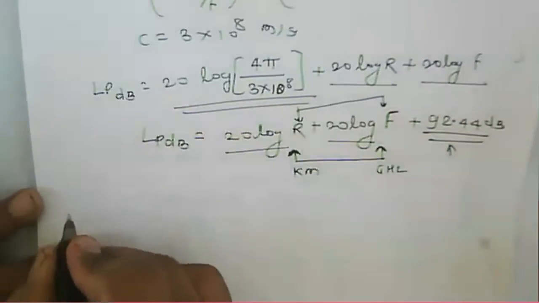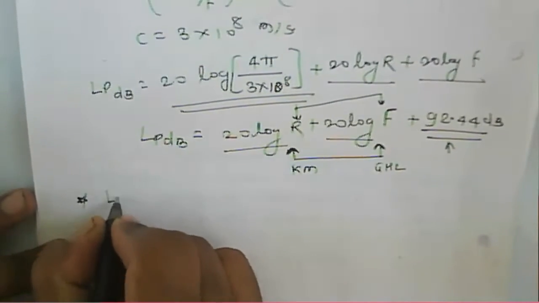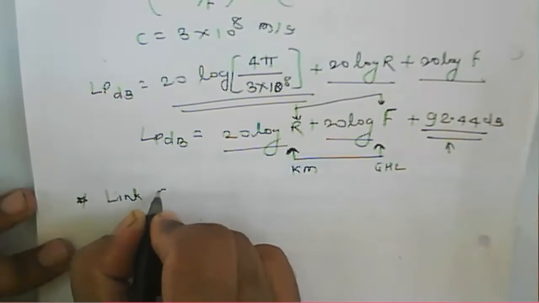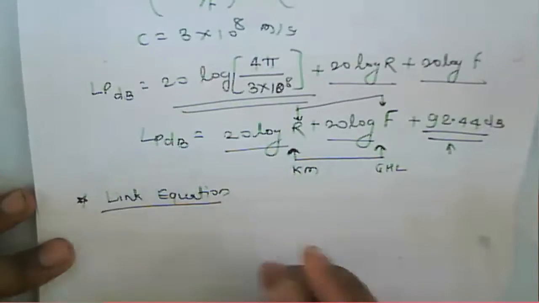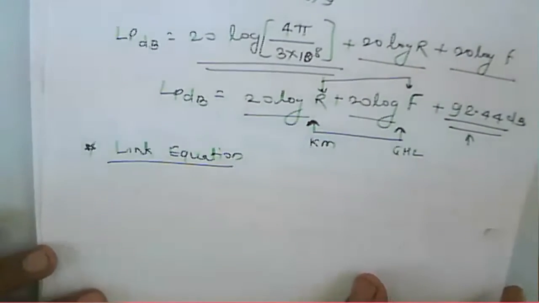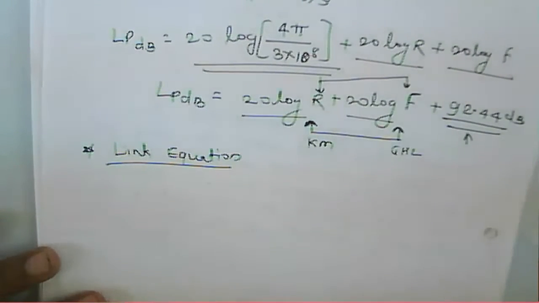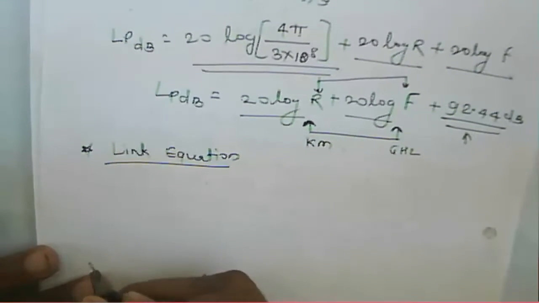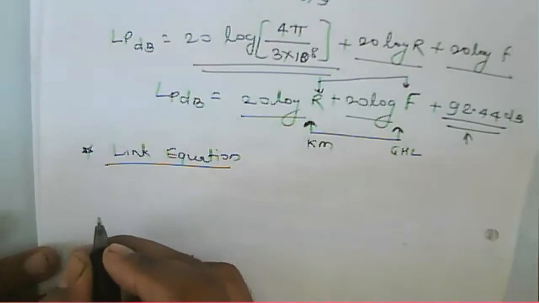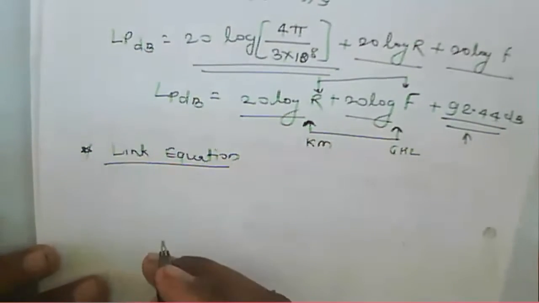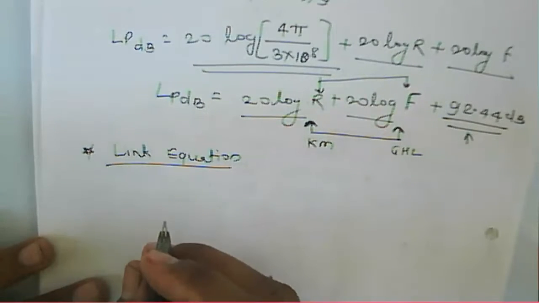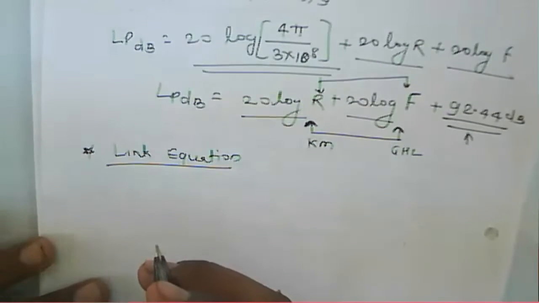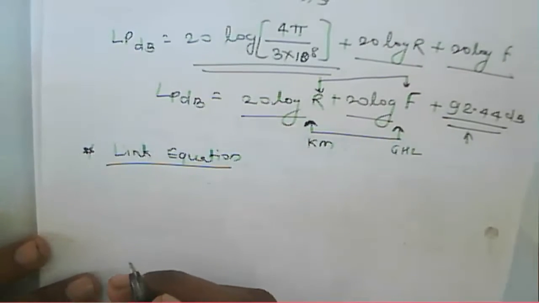Then from this equation we can find out the link equation. The link equation gives the received power in terms of the transmitting antenna power, that is the effective isotropic radiated power, then the gain of the receiving antenna, and then the path loss.